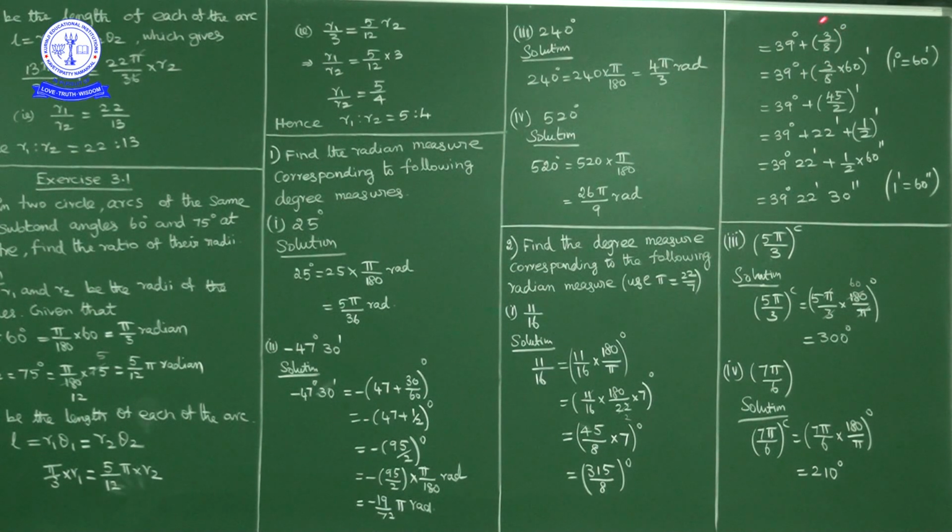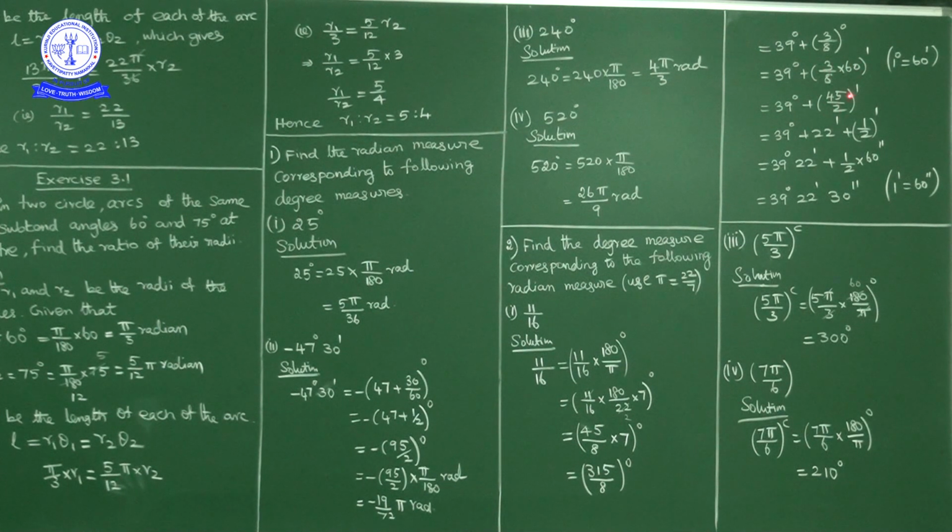Now 1 degree is equal to 60 minutes. So I will convert 3 by 8th part of a degree in terms of minutes: 39 degrees plus 3 by 8 into 60 minutes. Here 4 we can cancel: 4 twos 8, 15, 15 threes 45.